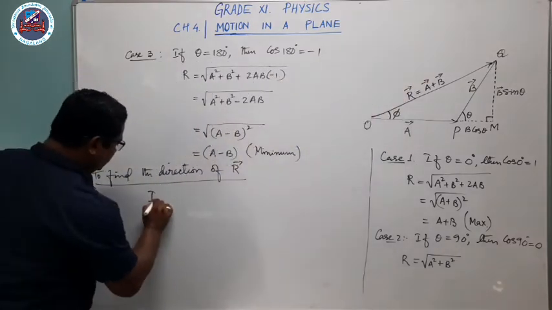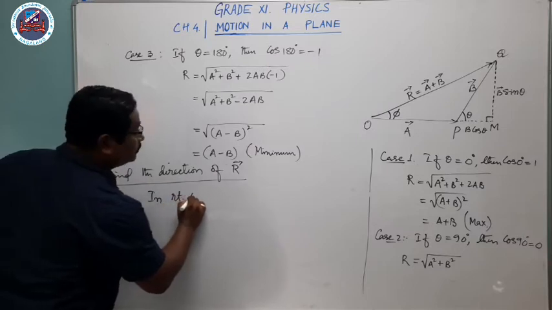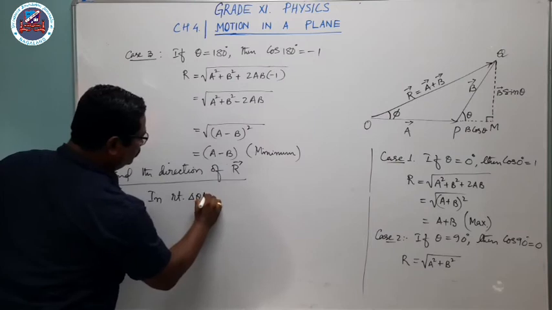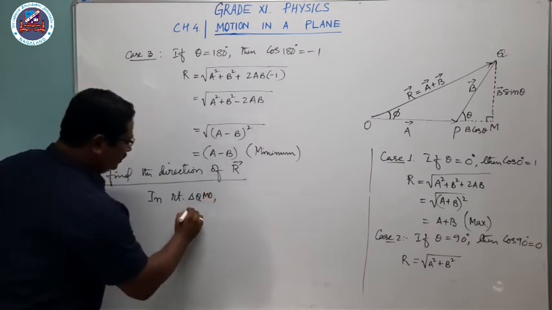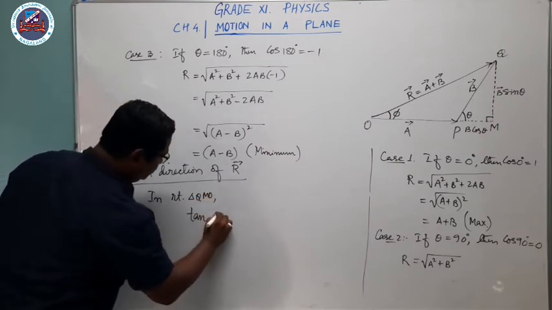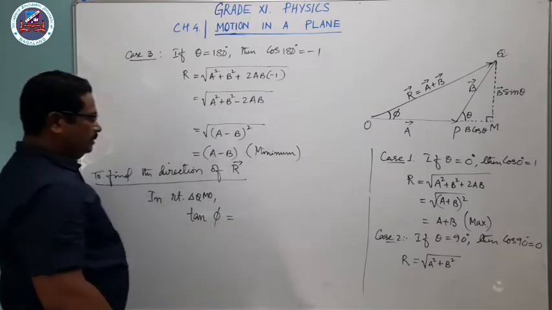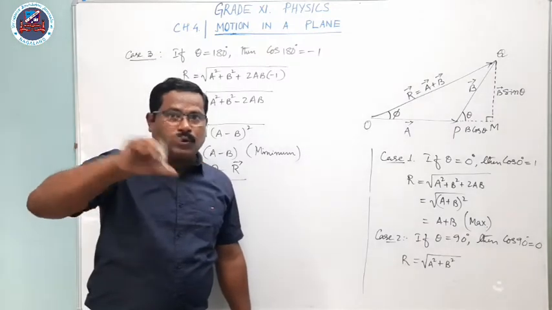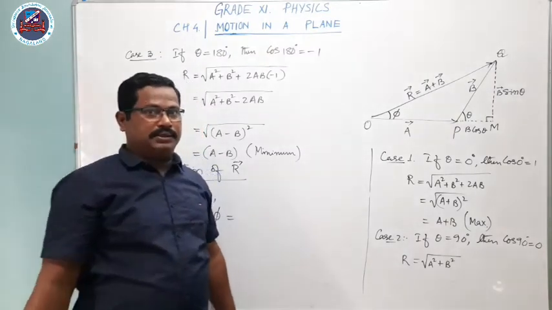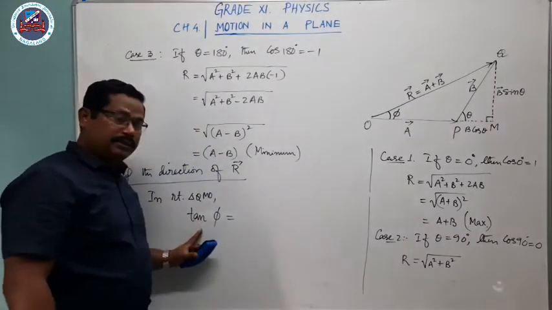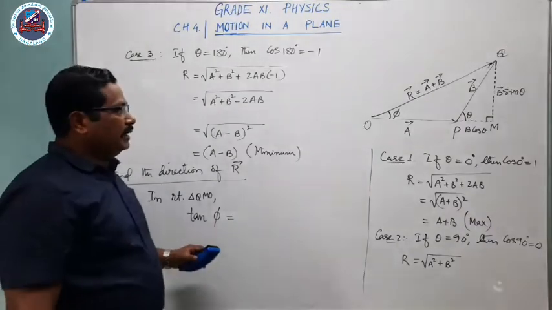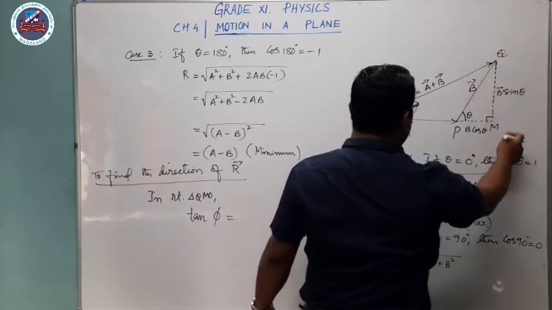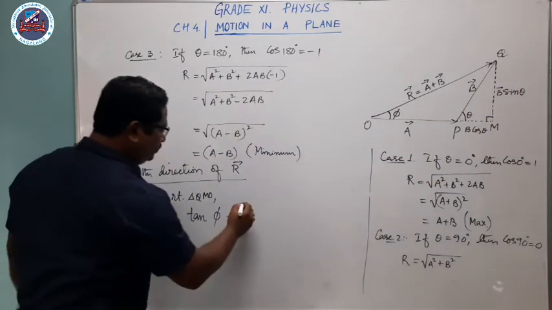So in right triangle QOM or QMO, phi will give us the direction. You can still remember, I think in chapter 3 we found the slope. The slope gives us the direction. Here also, always use tan for getting the direction. Tan is defined as perpendicular by base, that is QM by OM.